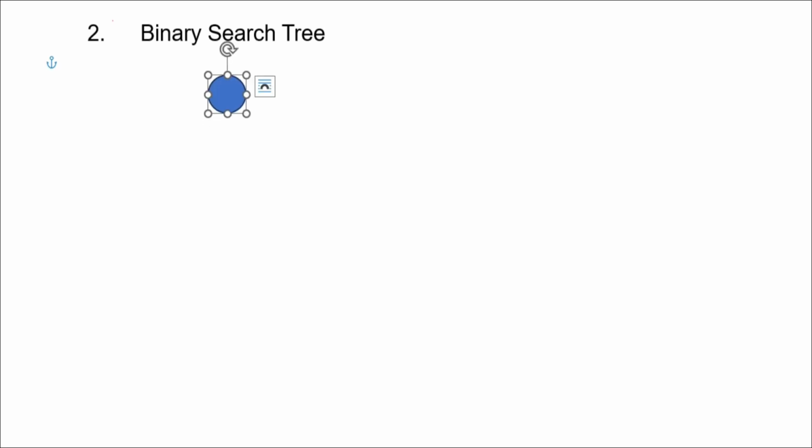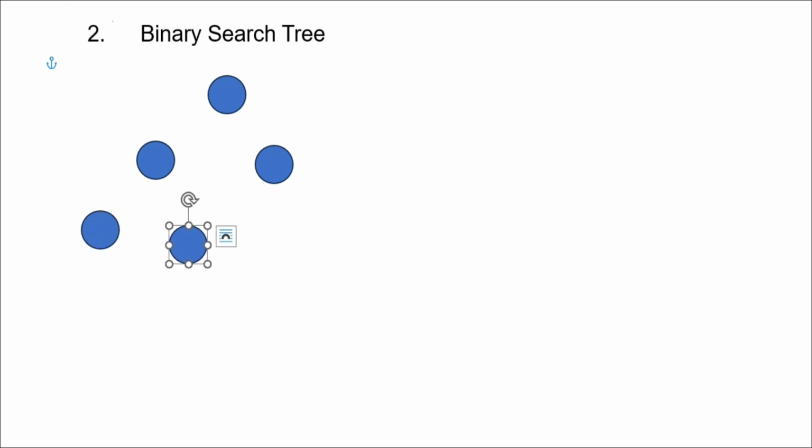Next, we need to construct a binary search tree. We connect the nodes using links or edges. This is the rule. The root node is 8.